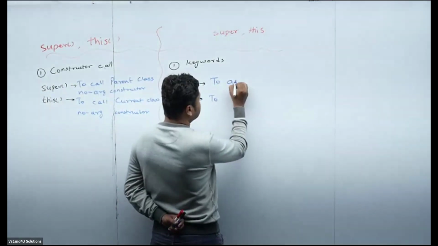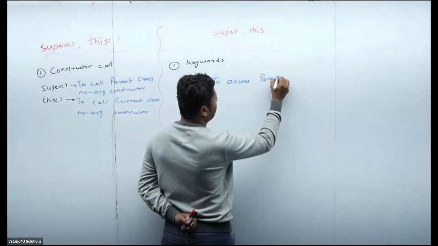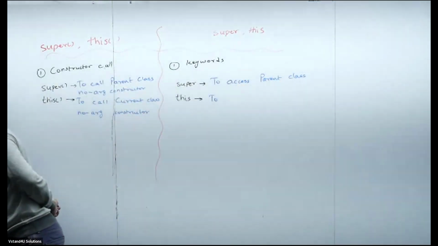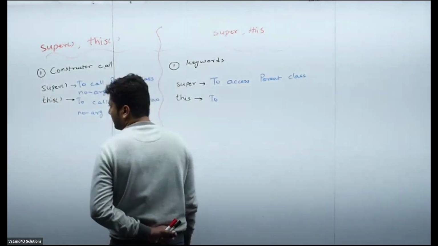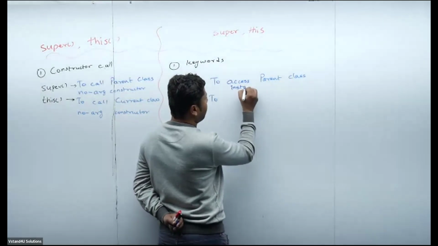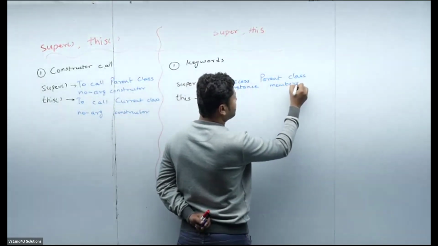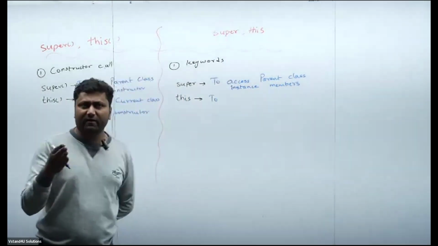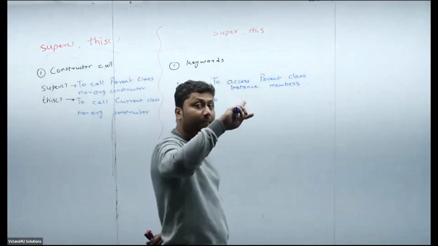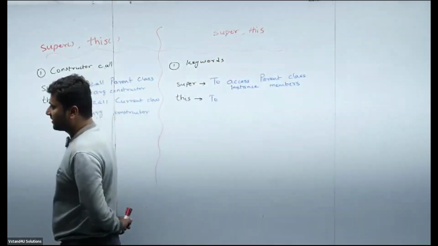To access parent class, what? Perfect. Not variables. No. Instance members. They are called members together. If you say variable or a method, it's a partial answer, no? With the super keyword, I can call parent method, parent variable, both. So instance members is right.